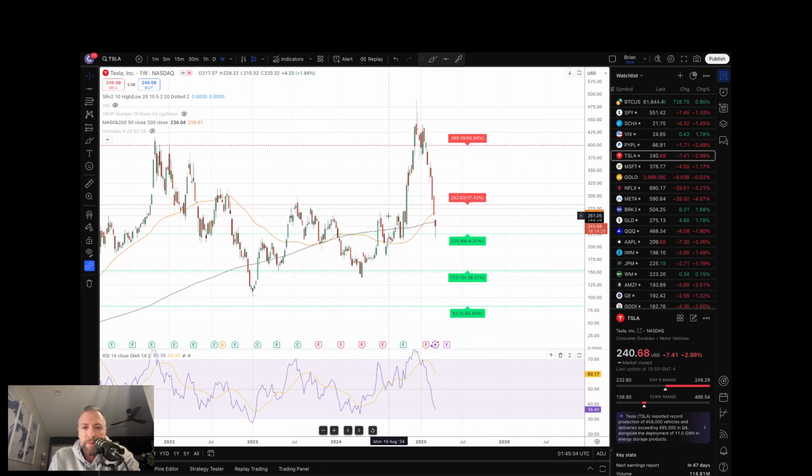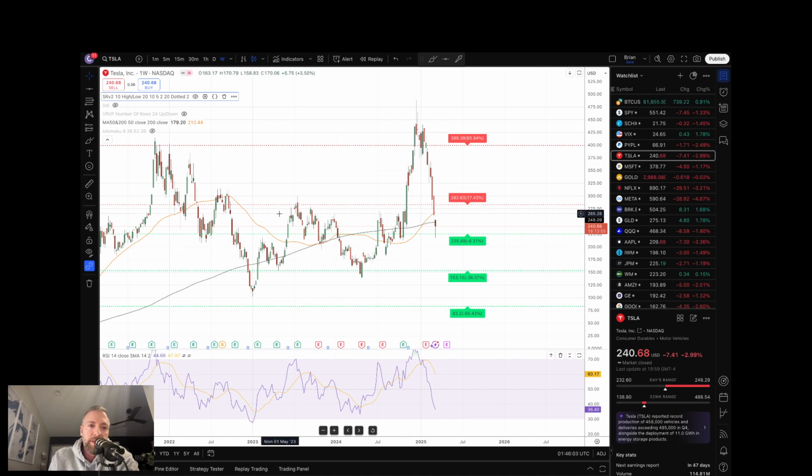You can see Tesla was right here, came up, busted through this resistance line, which turned to support, busted through this line right here as well, and came all the way up through here to this 399 area. And now it's dropping back down. Here's the next support area, the next support area, and the next support area.